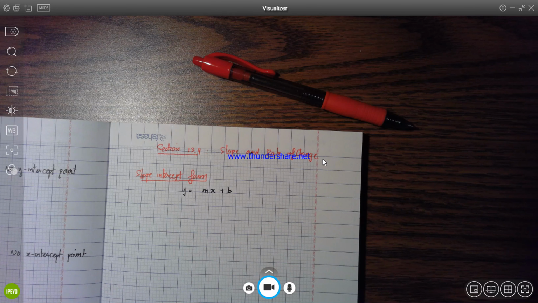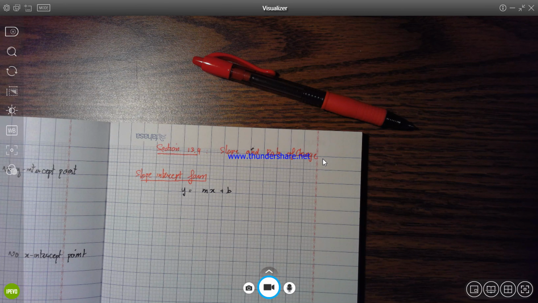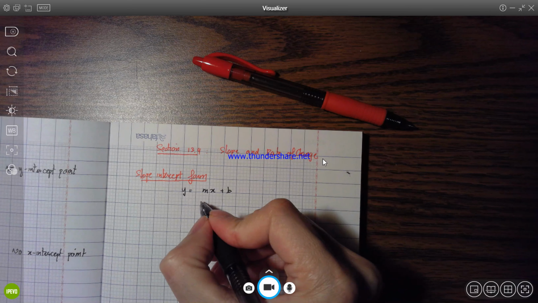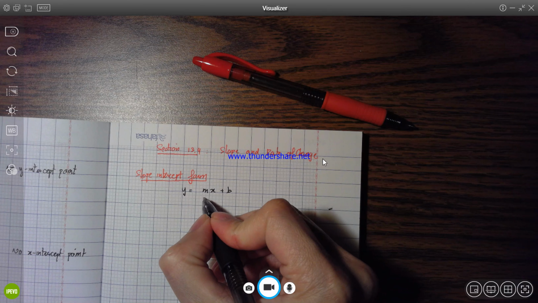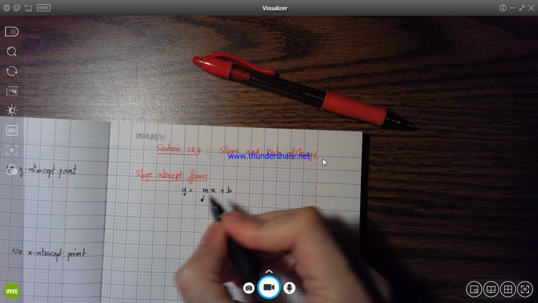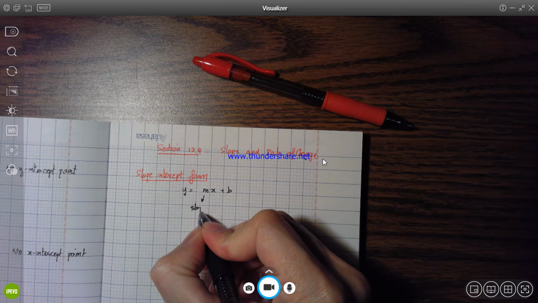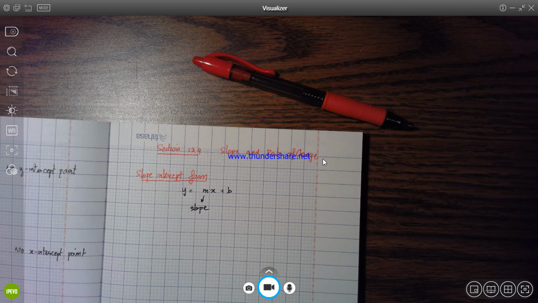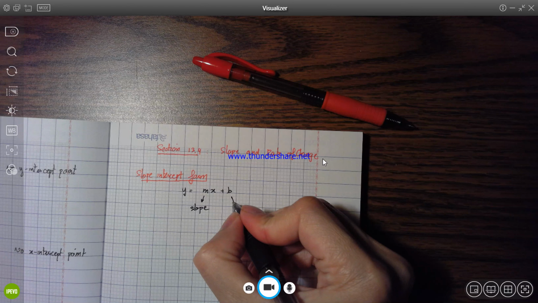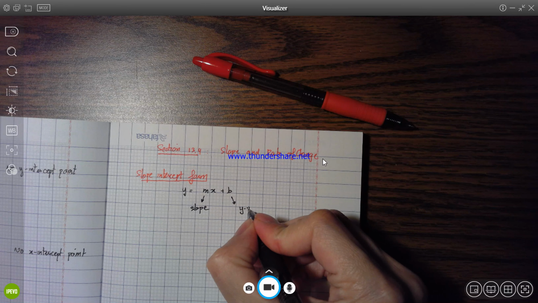When you look at it, you may think, why so many variables? But you also see that there are x and y over here. m and b are very important numbers. m we call the slope, and b we call the y-intercept value.